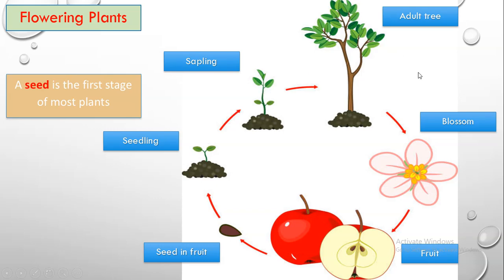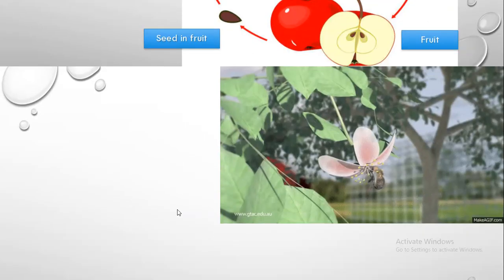So these are the main stages of a flowering plant life cycle: seed, seedling, sapling, adult tree, blossom or flowers, and finally fruit. And you can find the seed inside the fruit.